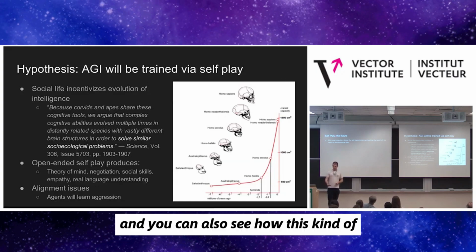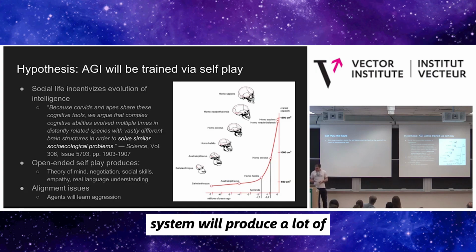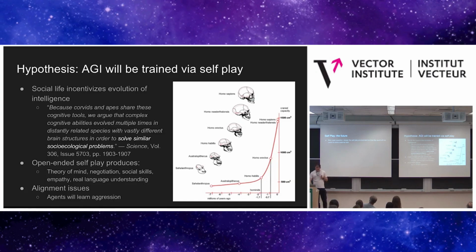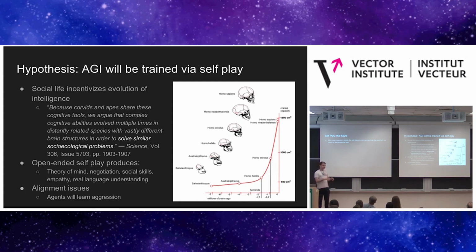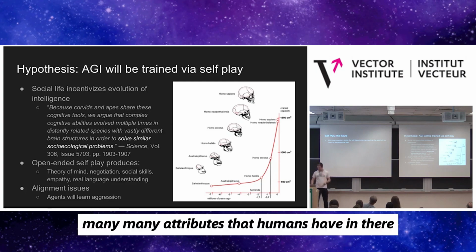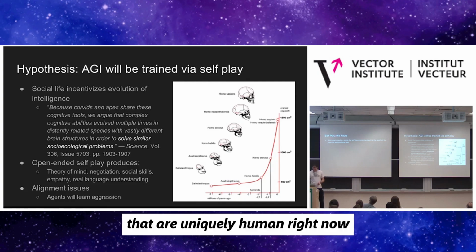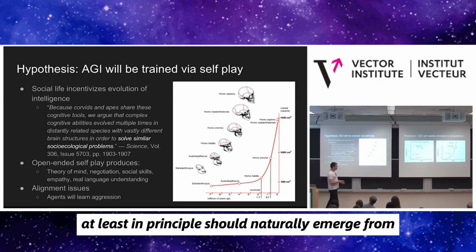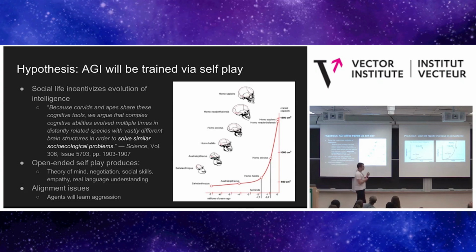And you can also see how this kind of system will produce a lot of social skills, theory of mind, the ability to negotiate, all these attributes that are uniquely human right now, at least in principle, should naturally emerge from the competitive multi-agent environment.